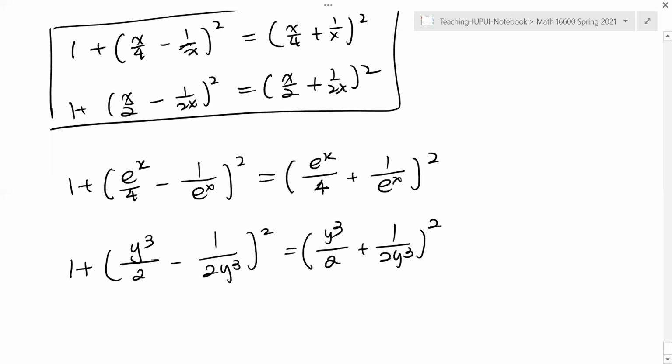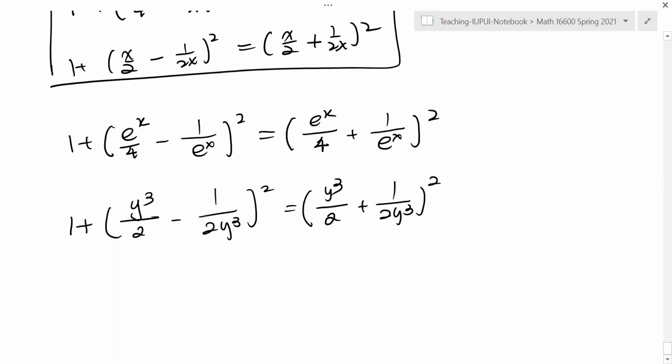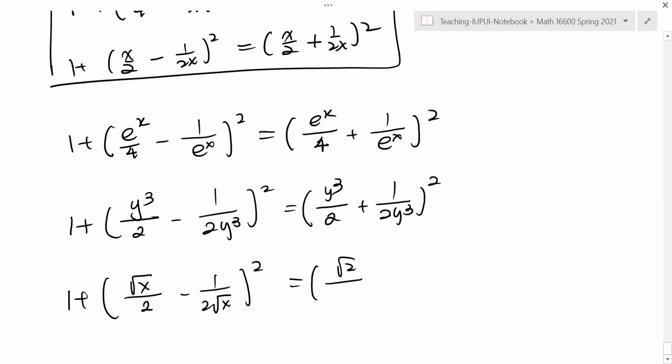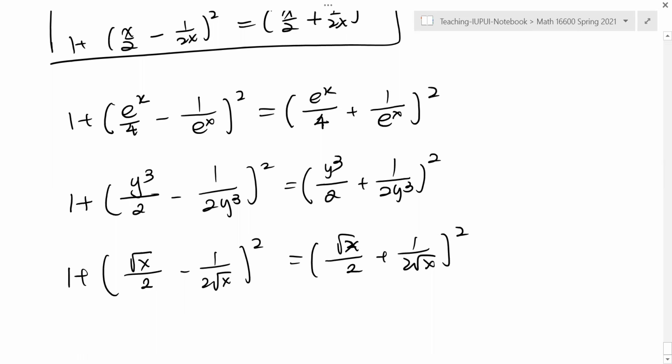So I can create many examples like that. I can use square root, right? 1 plus square root x over 2 minus 1 over 2 square x square. That's going to be square root x over 2 plus, right? Then you can get rid of that.